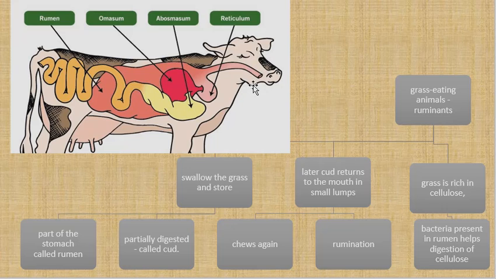Grinding happens again and only then it is sent to the stomach. This is called chewing the cud. What is chewing the cud? Grinding back the partially digested cud taken from the rumen back to the mouth is chewing the cud. This is called rumination. And these grass eating animals do this, and that is why they are called ruminants.